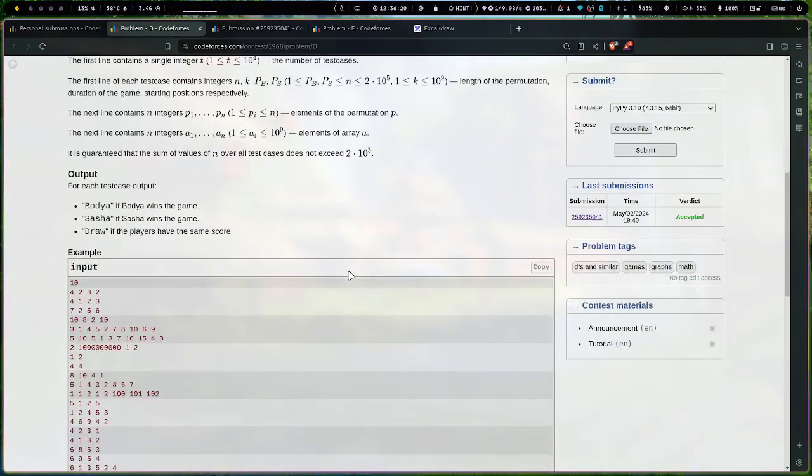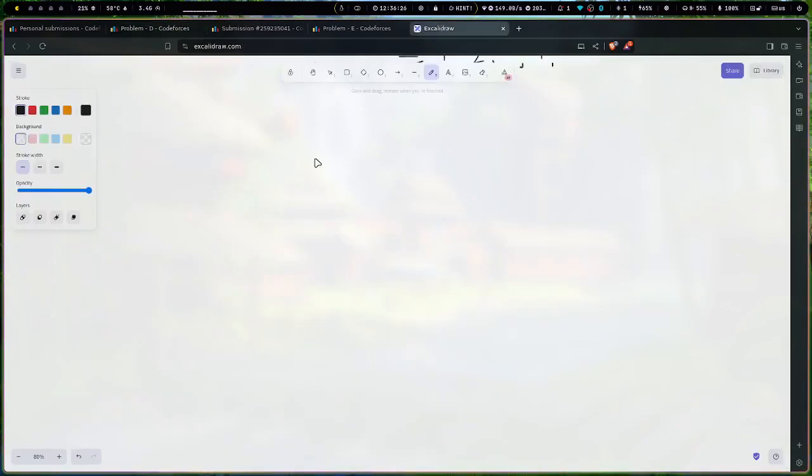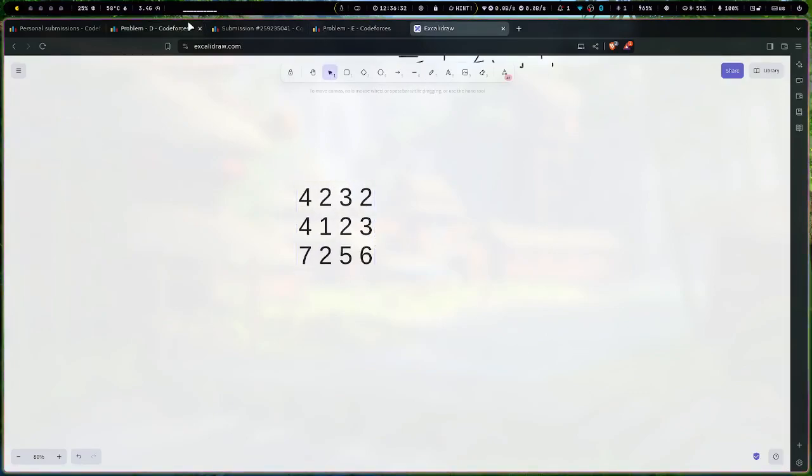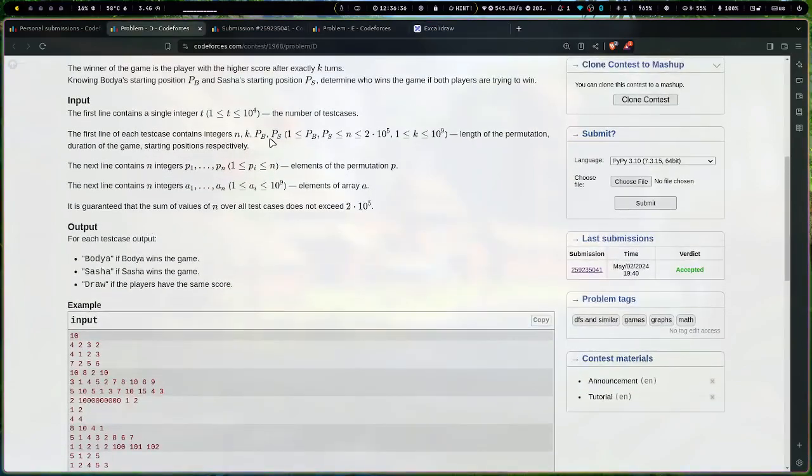See, first we will understand by taking this example. What we are given is n, k, pb, ps.